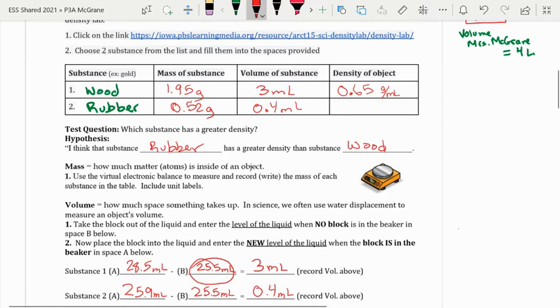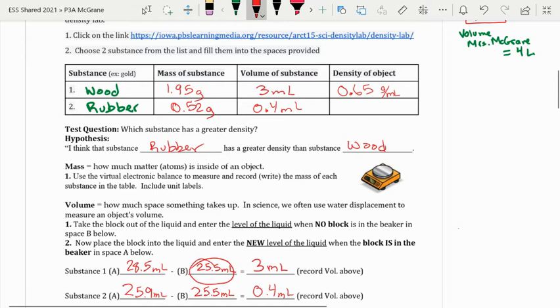Okay? When we are talking about density, we're talking how many grams of atoms in a certain volume. That's why we write the unit label as such. Grams per milliliter. Grams per 1 milliliter.